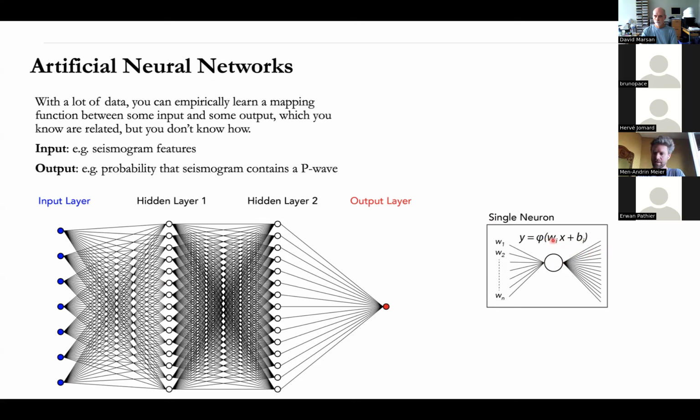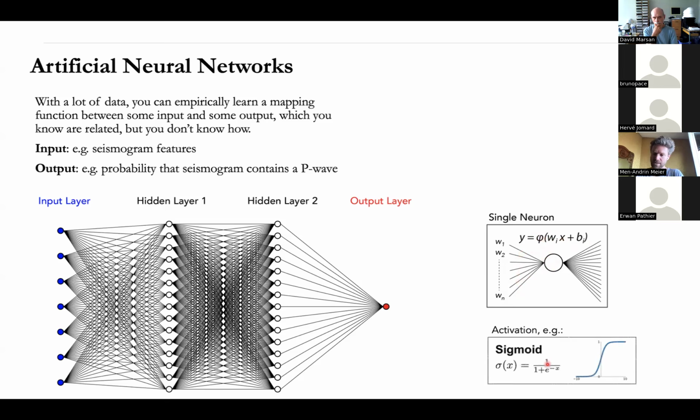So again, like in the linear classifier, we have some weight from each of the connections to the previous neurons, plus some bias term that is not per connection, but per neuron actually. And then around this, we compute an activation function. So we just compute a weighted sum of all the inputs, and then we apply an activation function.